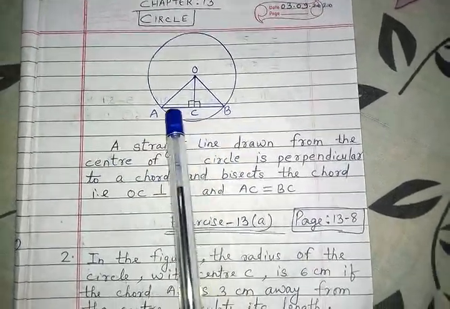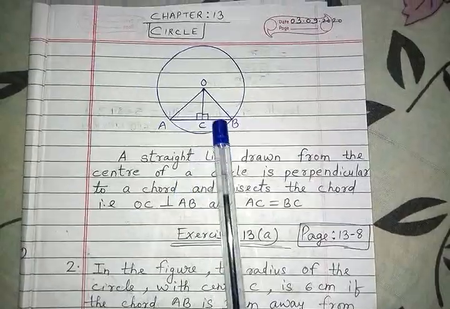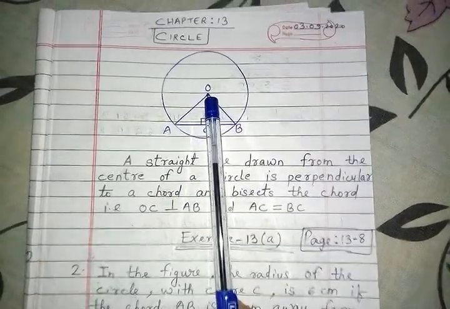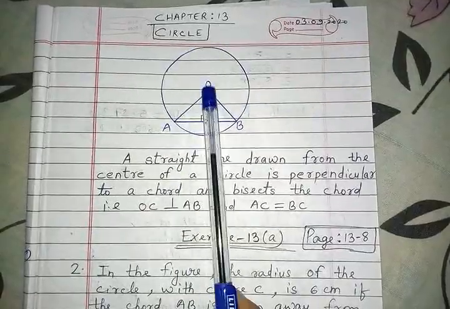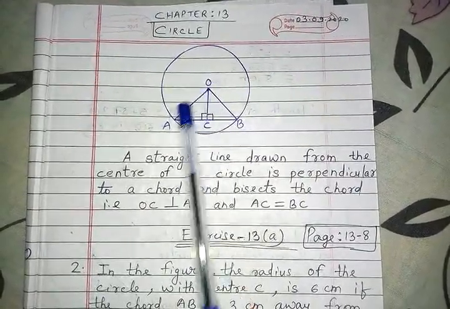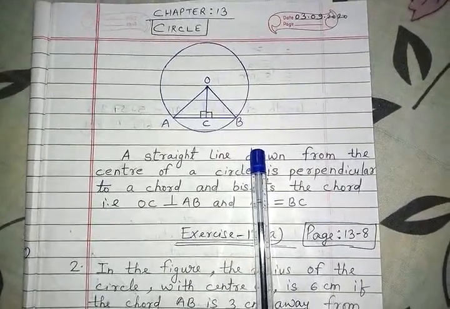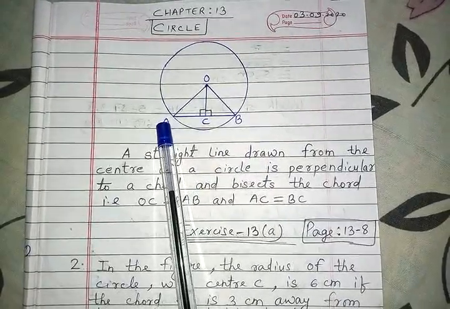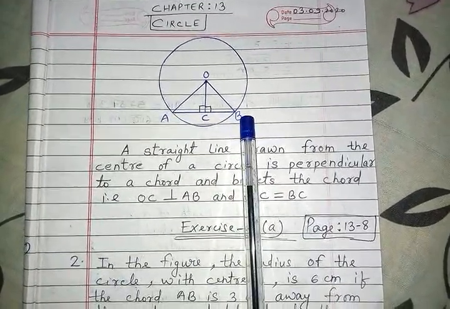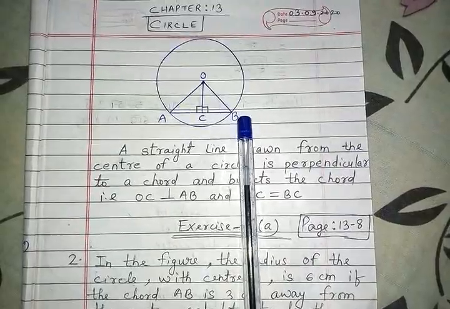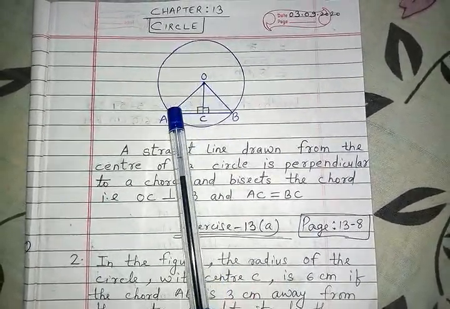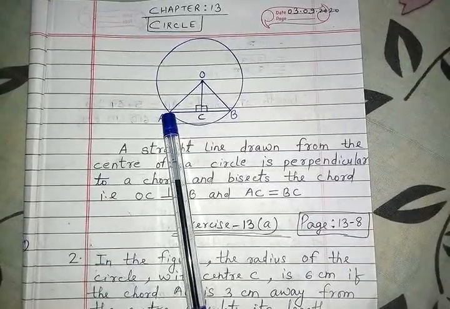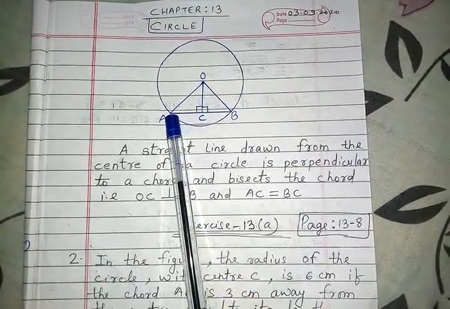You can see here, we have a circle with center O, and there are lines OA and OB. OA and OB are the radius of this circle, and line AB is the chord. Whenever any line starts from the center and touches its circumference, that is the boundary, that particular line is a radius.